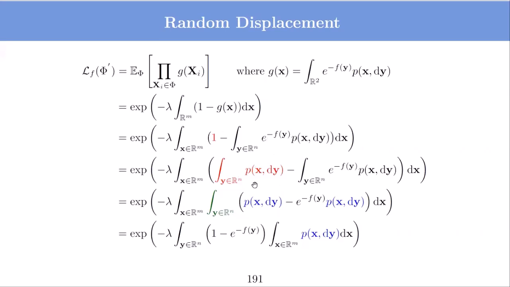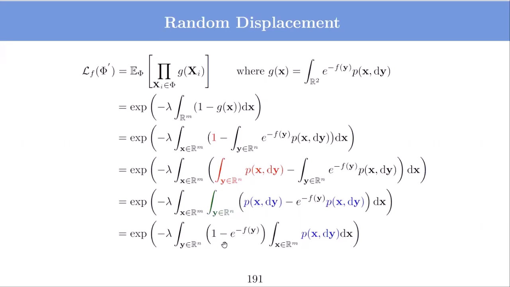So this total probability would be p(x, Rn), which is 1. By writing 1 this way, what I'm doing is that I can take p(x, dy) common. So what I get is integration over x, integration over y, and this becomes p(x, dy) times 1 minus e to the power minus f(y) dx.